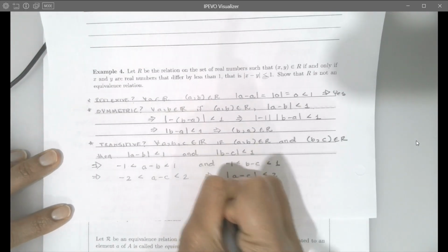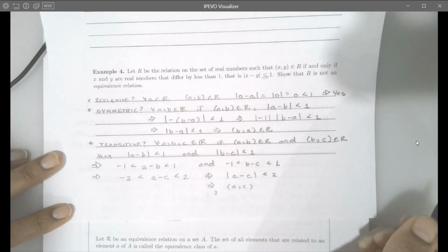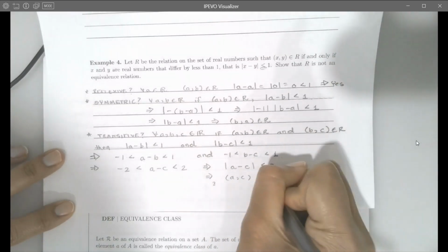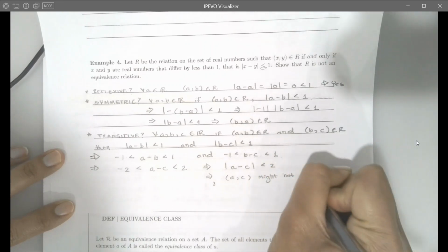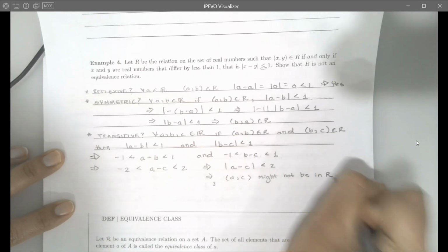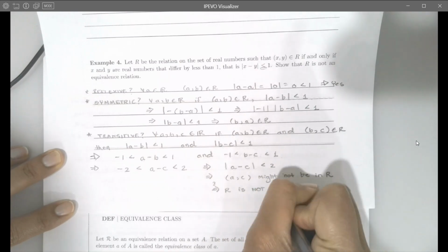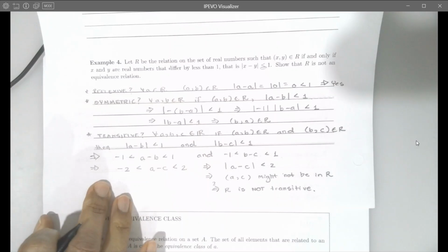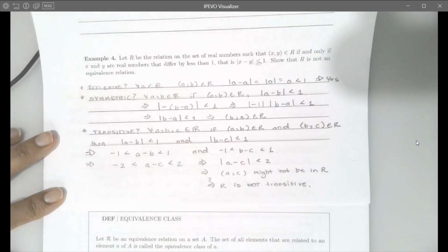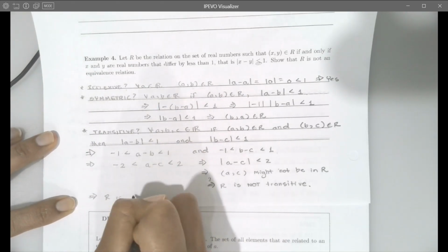So that means that A comma C is potentially not in R. So that means that R is not transitive. And so that means that R is not an equivalence relation.